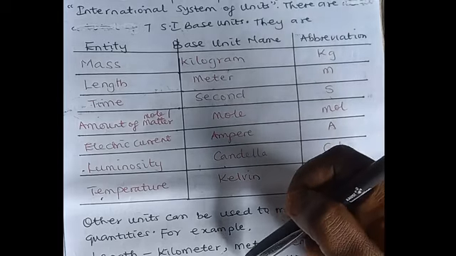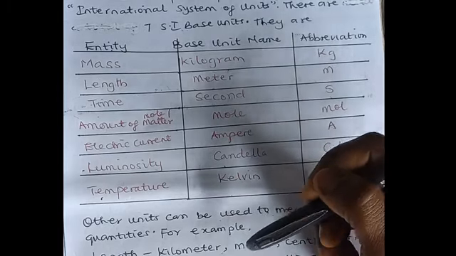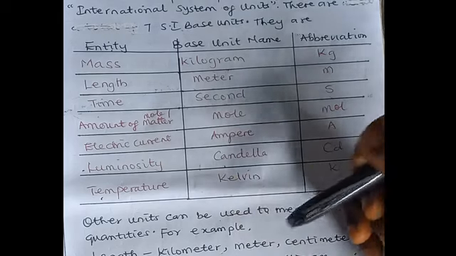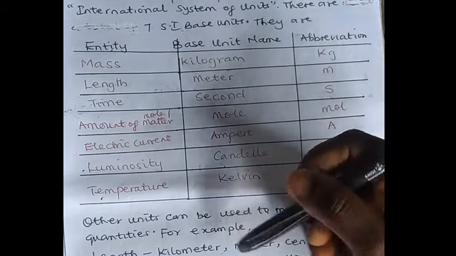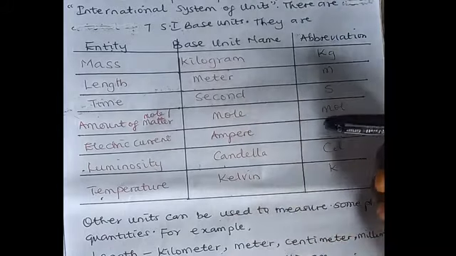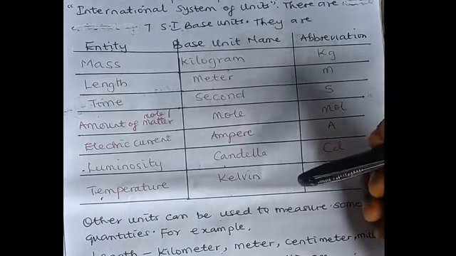The mass must be in kilogram. So if you are given 500 gram, you need to divide it by 1,000 to get it in kilogram. So you should understand the conversion of all these parameters.